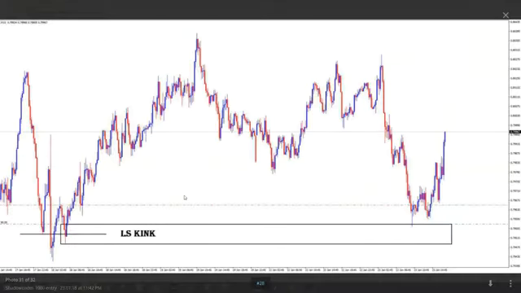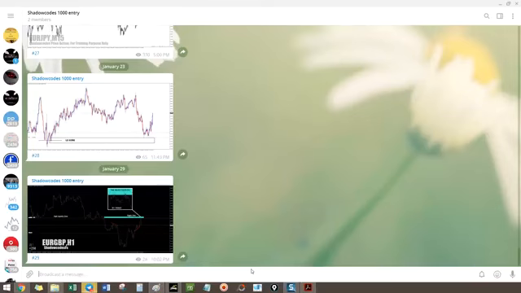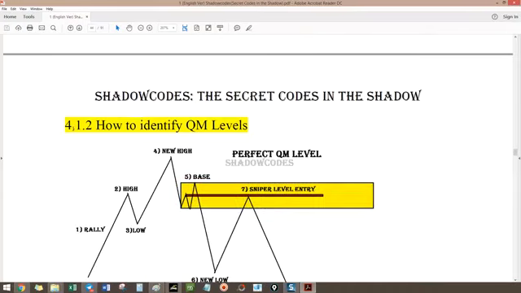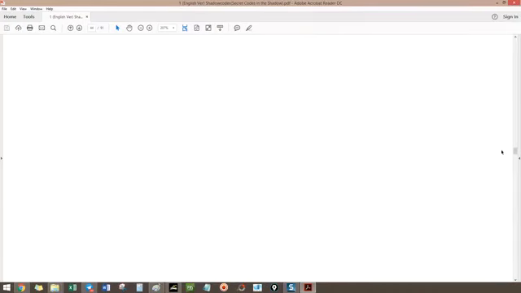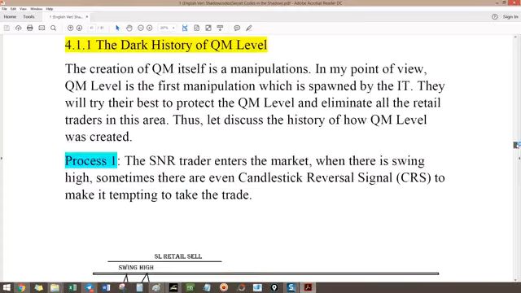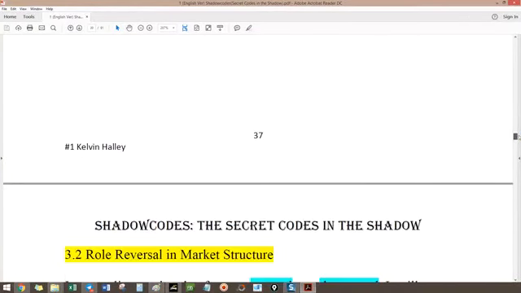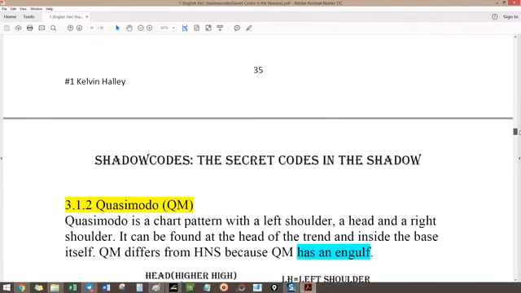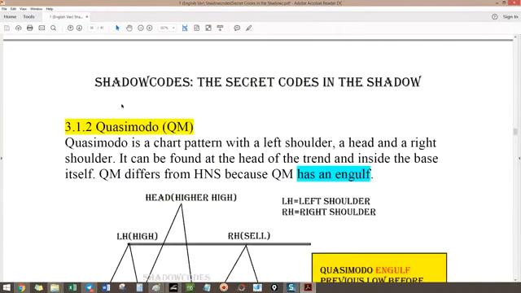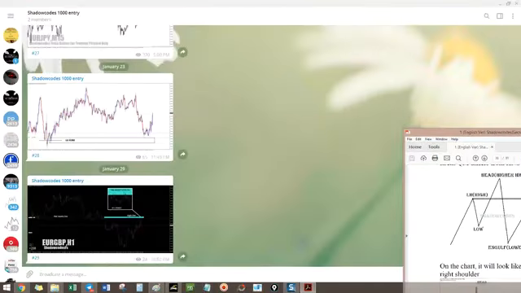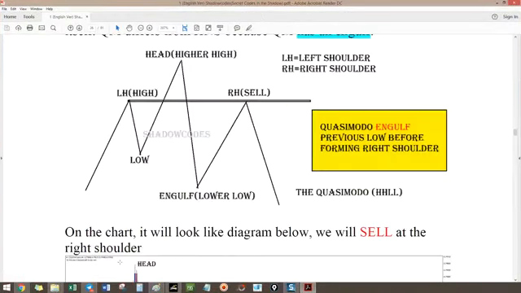This one we'll be learning later in the perfect QM, in chapter 4. So at this moment we can learn about the pattern first. QM pattern is different from QM level. QM level is a different thing, which we'll be going through later.